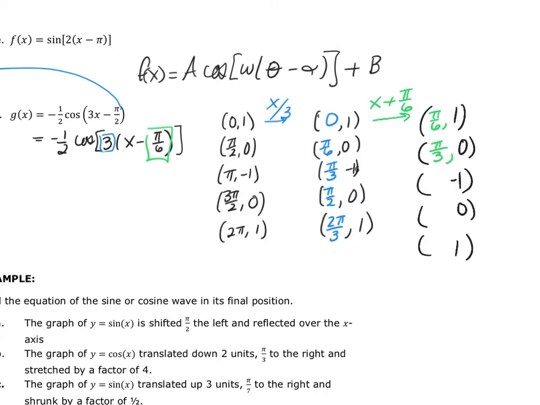Now I have to do some fractional work. Pi over 3 is the same thing as 2 pi over 6, and then I'm going to add pi over 6. That gives me 3 pi over 6, which reduces to pi over 2.